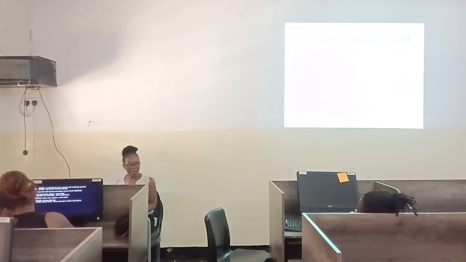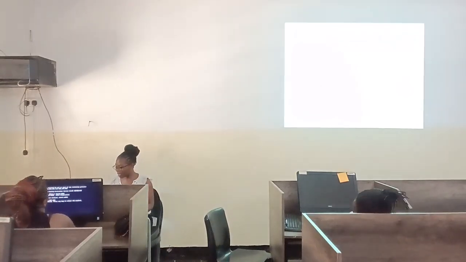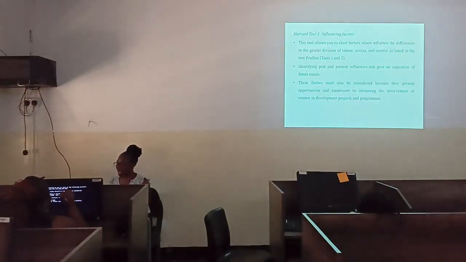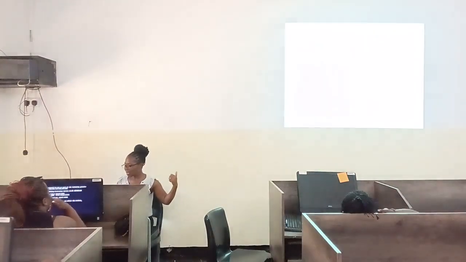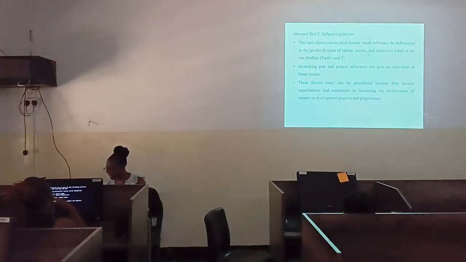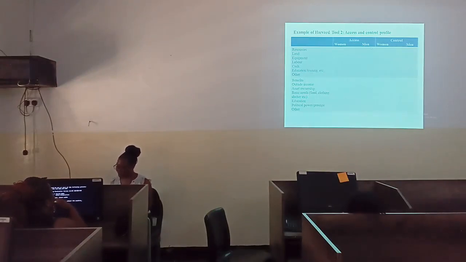Like the influencing factors. So this allows you to chart factors which influence the gender division of labor as we discussed in profile 1, number 1, and also access and control as listed in 2. So now what factors, as you said, in terms of equipment, for example, tractors, men have access, or women have access but no control.